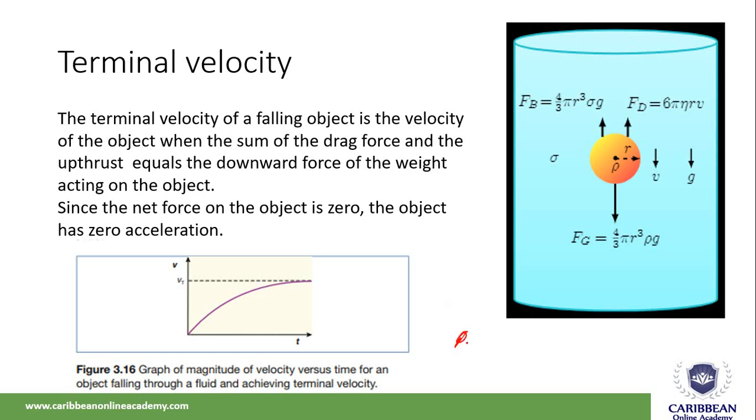So remember that acceleration has to do with the rate of change in velocity. So when the object has reached a point of balance, where the upward force is equal to the downward force, then it tells us that there won't be an acceleration, because we have reached a point we call terminal velocity, and that is just when the upward force is equal to the downward force.